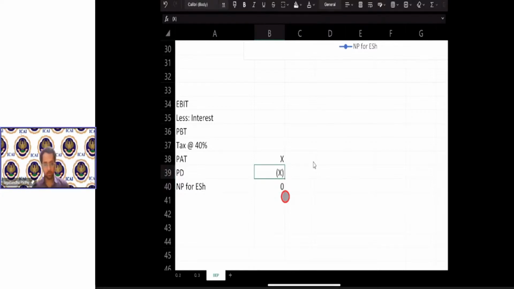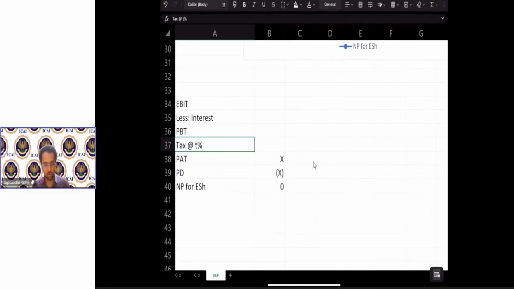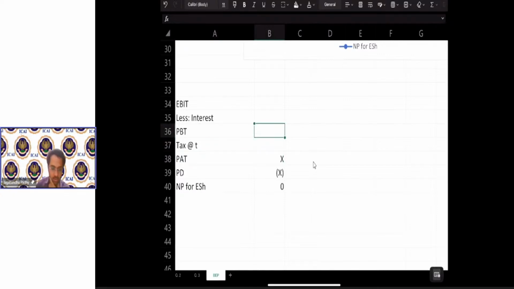Then tax at the rate of 40%, let's say whatever the tax rate, let me take it as T. So the tax rate, and then we have the PBT.